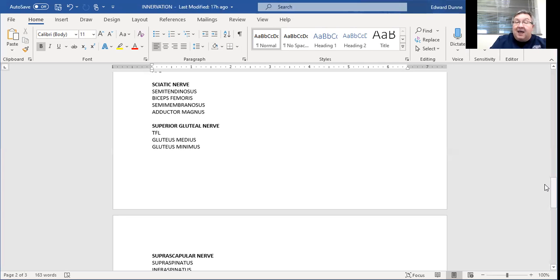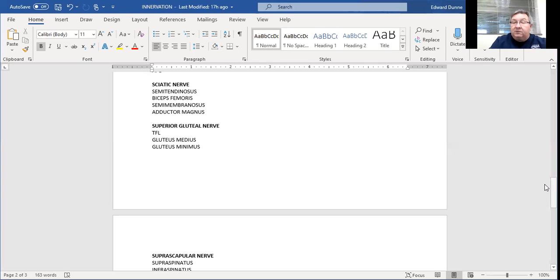And finally, adductor magnus, the large adductor muscle that has its insertion onto the linea aspera of the femur, the back of the femur, and also the adductor tubercle, a large protrusion on the femur.